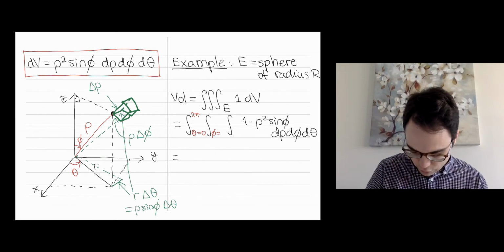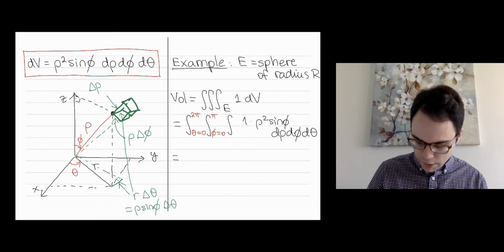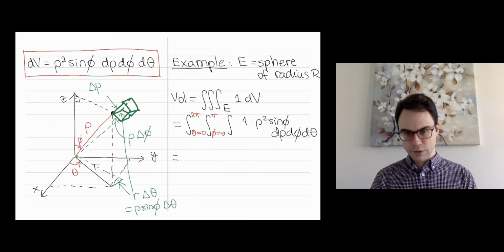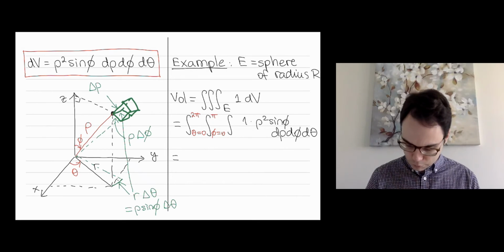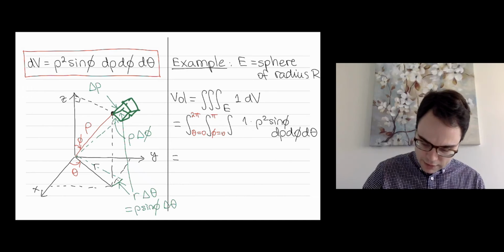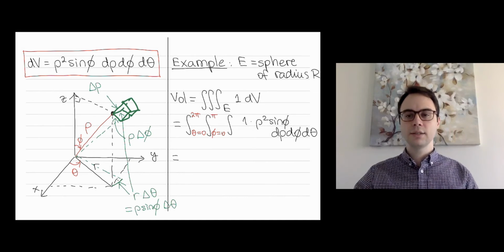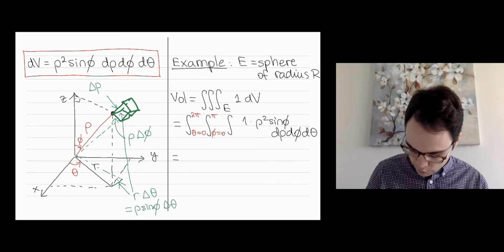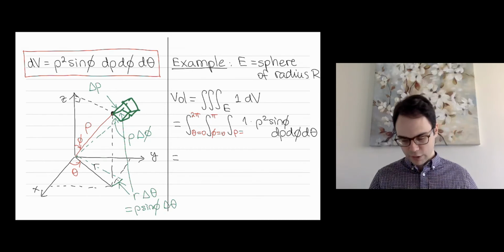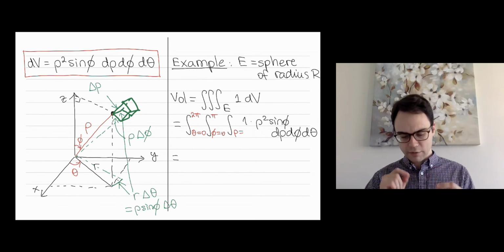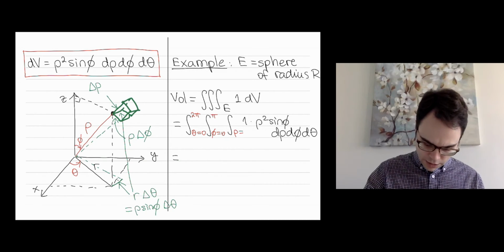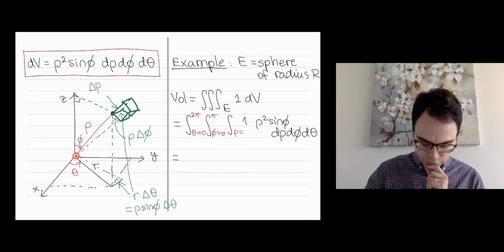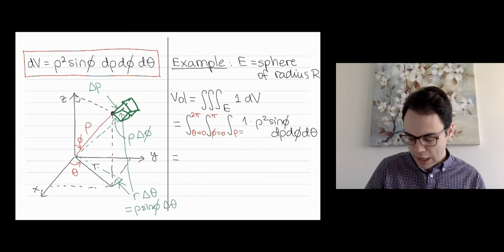So phi should go from 0 to pi, from the North Pole to the South Pole. And finally, on a sphere of radius R, if I fix phi and theta, and I shoot out a ray with those fixed values, I'm going to enter the sphere immediately when rho is 0. And I'm going to leave the sphere when rho is the radius of the sphere.